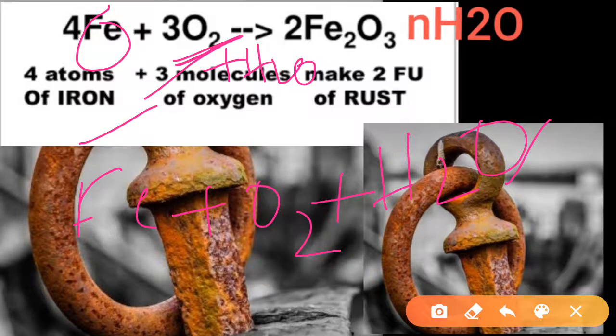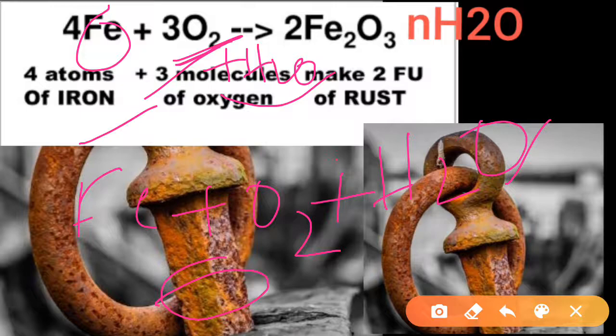In the slide H2O is not there, so you should write in your notes that H2O is also there. So iron reacts with oxygen and water. Water means moisture.